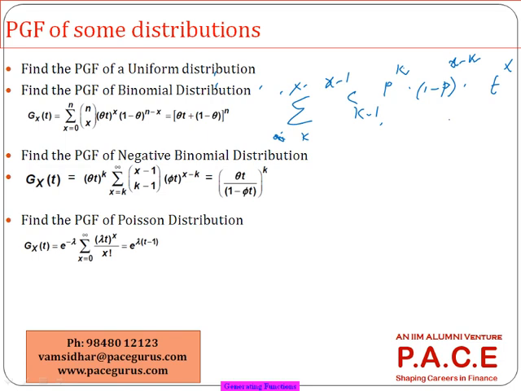Now this t^x I will break as t^k into t^(x-k). What he has done is combine these to make (pt)^k, and for the remaining x minus k he has made it 1 minus p, which he has assumed as some pi, so he has made it (pi t)^(x-k).